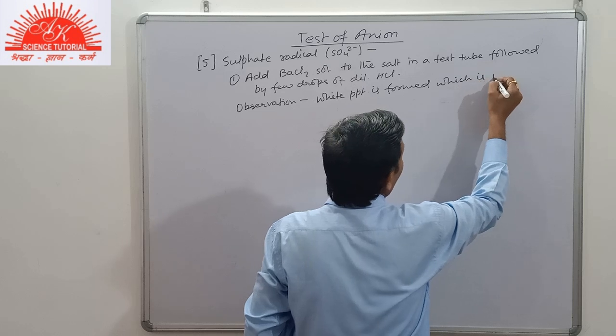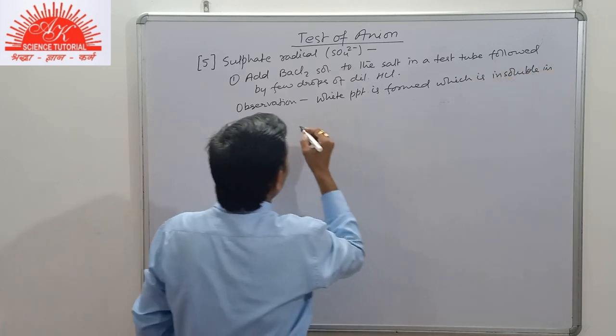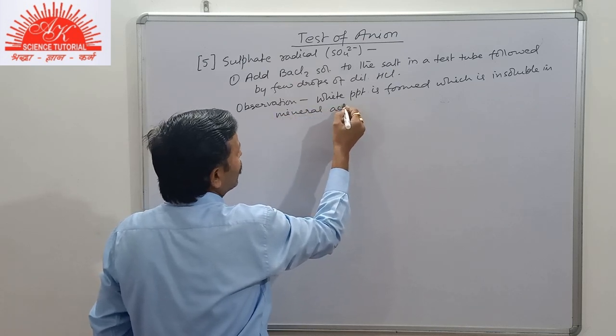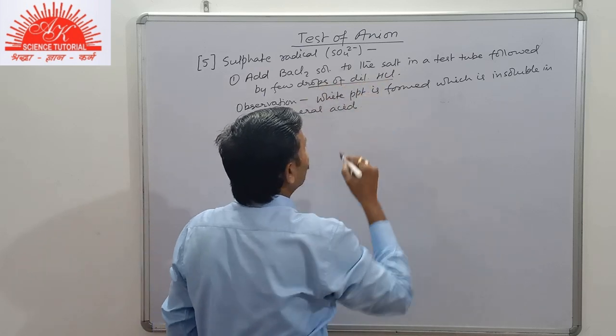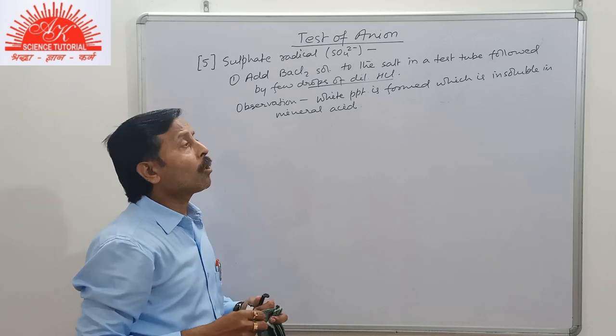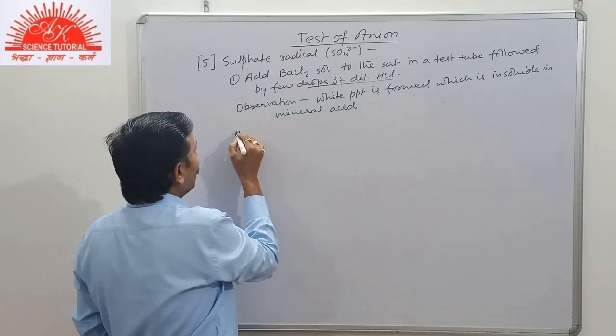Which is insoluble in mineral acid. So we have added drops of hydrochloric acid only to show that the white precipitate is not dissolving in it. Now what is the inference?